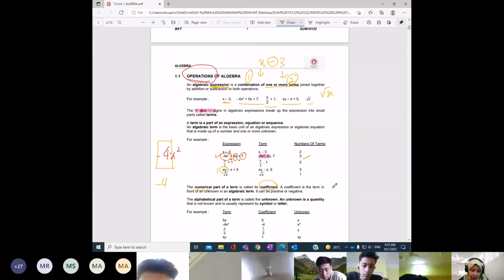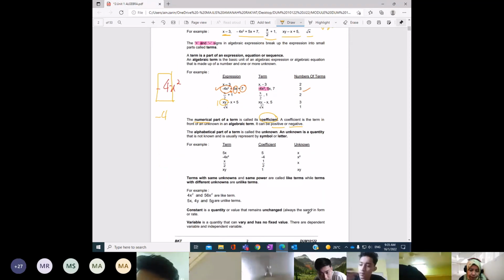Right, so the coefficient is going to be the one in front of the algebraic term. Okay, algebraic tu yang algebra ni lah. Algebra tu yang unknown tu lah, yang kita letak x, kita letak y tu. Right, so the coefficient can either be a positive value or a negative value. Right, so this is the example given. We have term, we have coefficient, we have the unknowns.